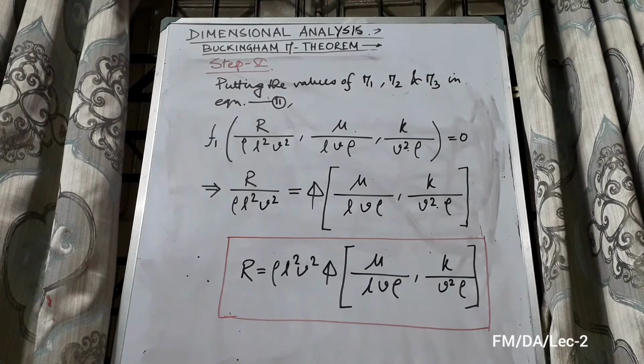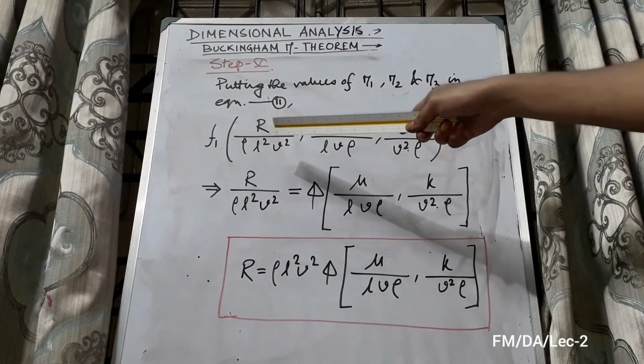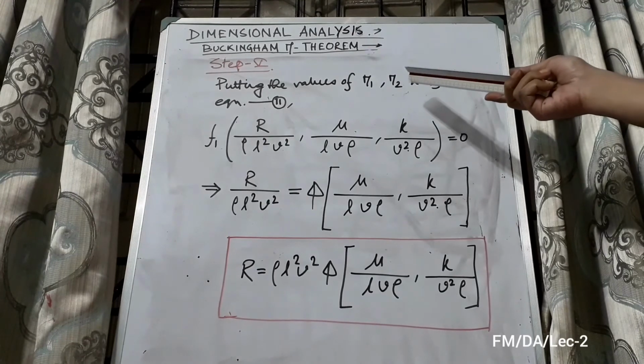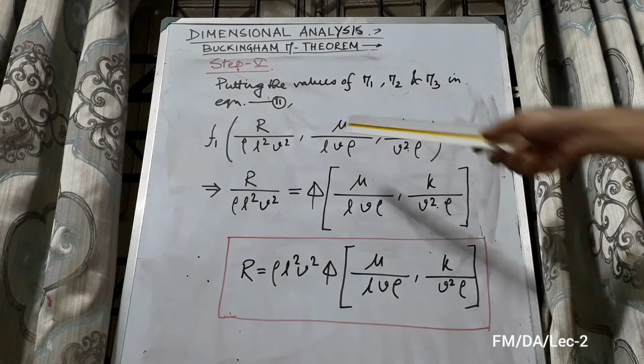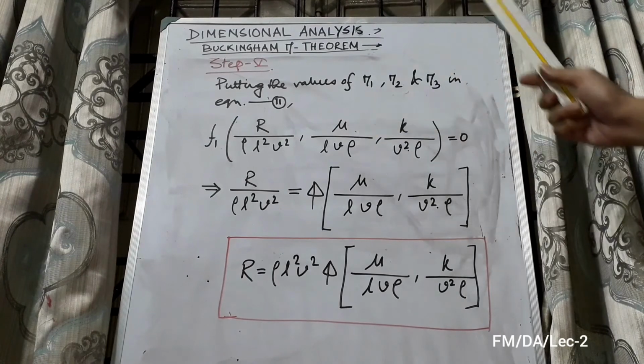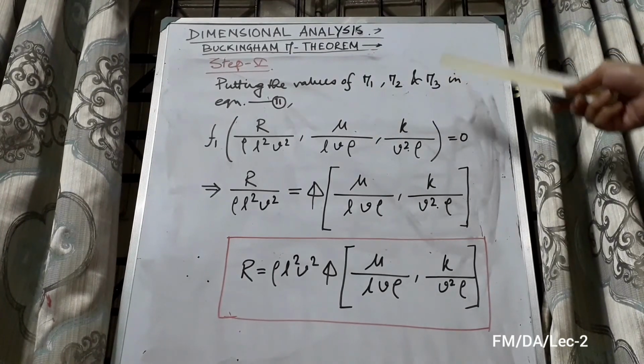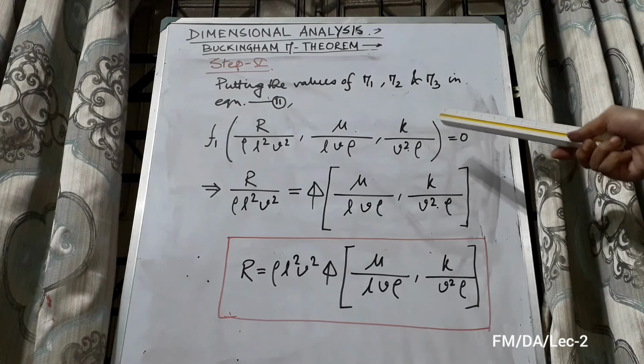Then step 5 is the final step of this problem. In this step 5 we are putting the values of pi 1, pi 2 and pi 3 in equation number 2. So in equation number 2 we put the value of pi 1, that is R by rho L square V square, the value of pi 2 is mu by L V rho, and the value of pi 3 is k by V square into rho.